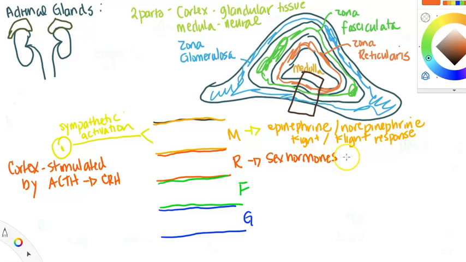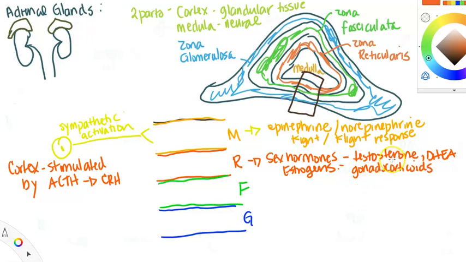So we call these androgens, and it's going to include testosterone, DHEA, estrogens, stuff like that. So these are called gonadocorticoids.